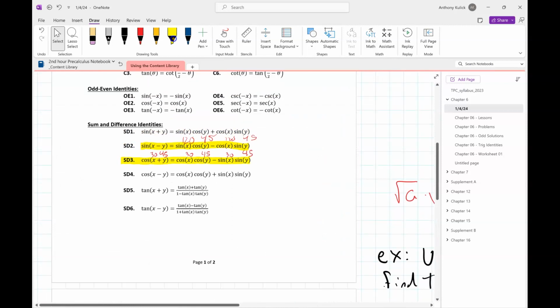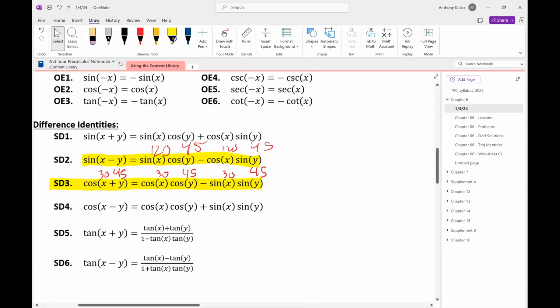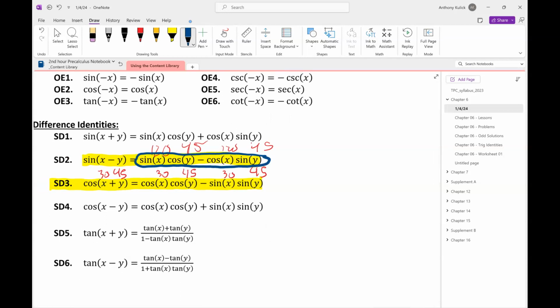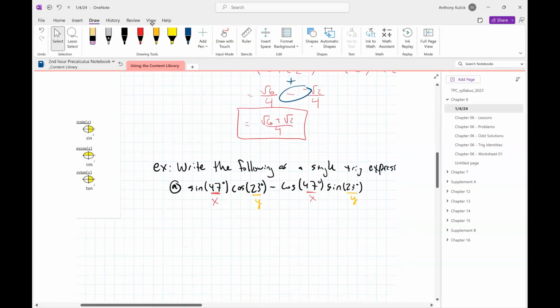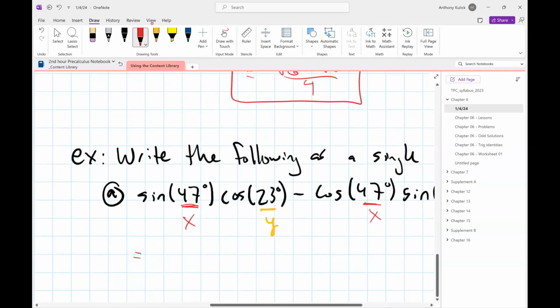So if I look at my identities, that looks like this, right? Sine x times cosine y minus cosine x times sine y. Everybody agree with that? So that told me it was the angle difference formula.